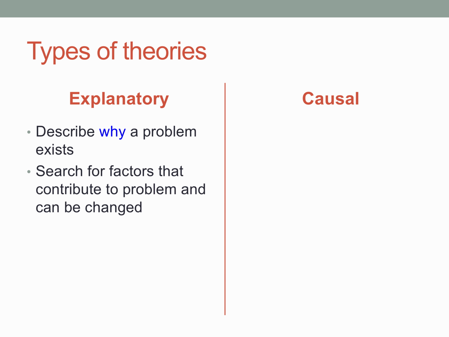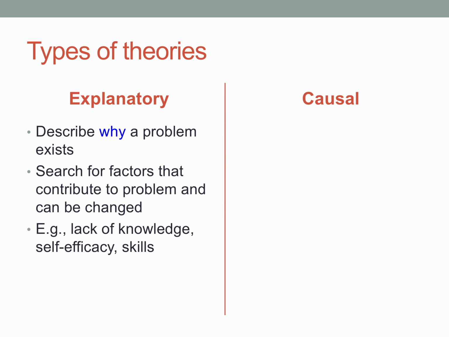What are some of these independent variables? What are some of these risk factors or some of these protective factors that might either contribute to the problem or might help alleviate the problem? So, for example, some of the things that we can measure or try to understand in terms of factors that might lead to a particular problem might be lack of knowledge.